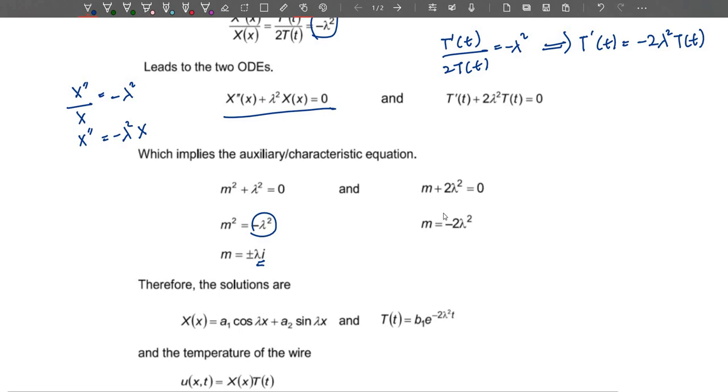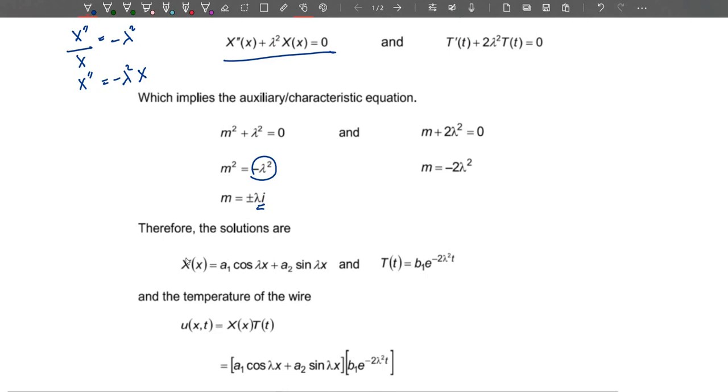So next, therefore, the solutions are as such: X(x) equal to A1 cos lambda x plus A2 sin lambda x, and T(t) is equal to B1, or you can also write it as B, exponent negative 2 lambda squared t. Refer to the value of m here, it will be negative 2 lambda squared.